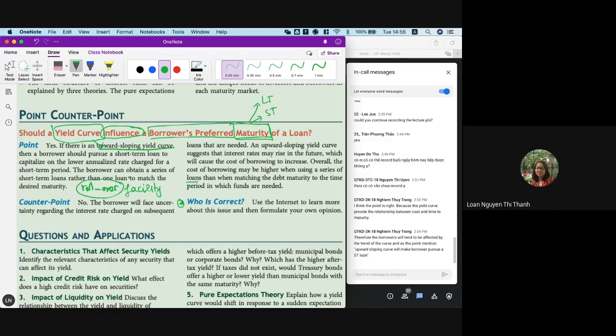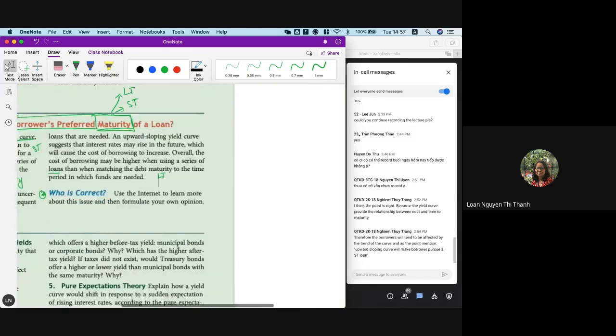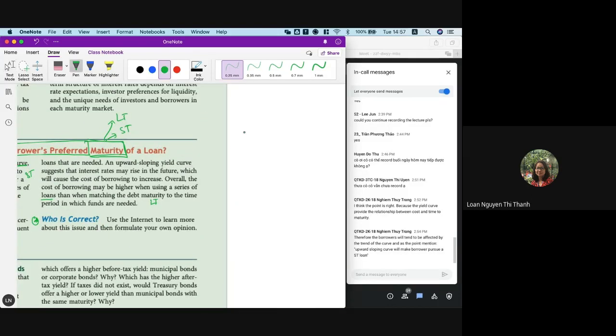Long term, and here is a series of short term, and here is long term. The one idea is for the point, meaning short term. So let's say you need funds for 3 years or 5 years.